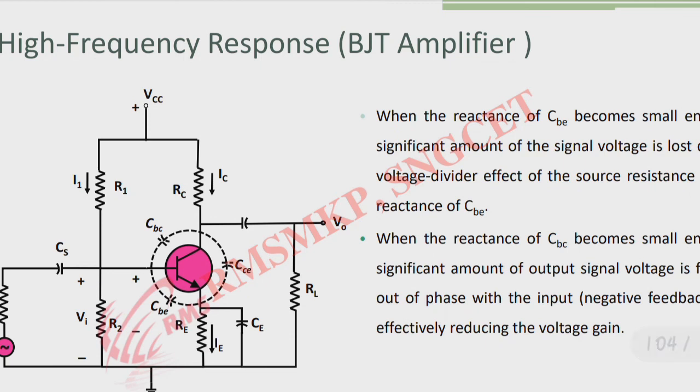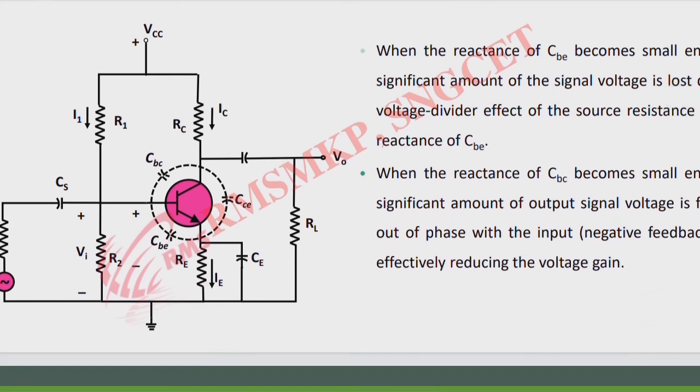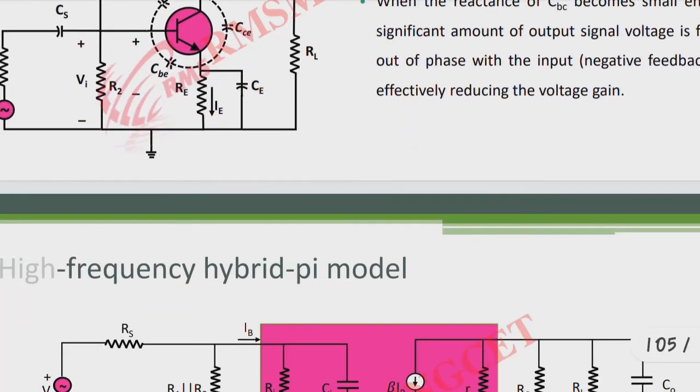At high frequency, when the reactance of CBE becomes small enough, a significant amount of signal voltage is lost due to the voltage divider effect of the source resistance and the reactance of CBE. When the reactance of CBC becomes small enough, a significant amount of output signal voltage is fed back out of phase with the input, thus effectively reducing the voltage gain.